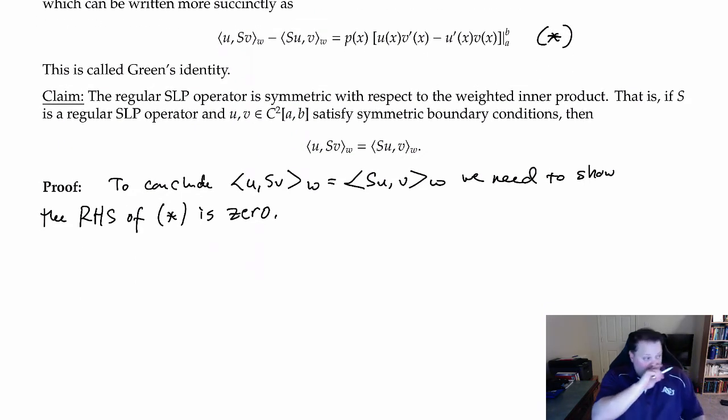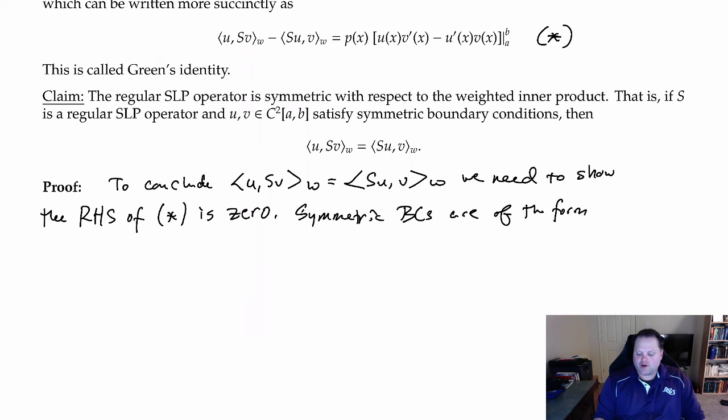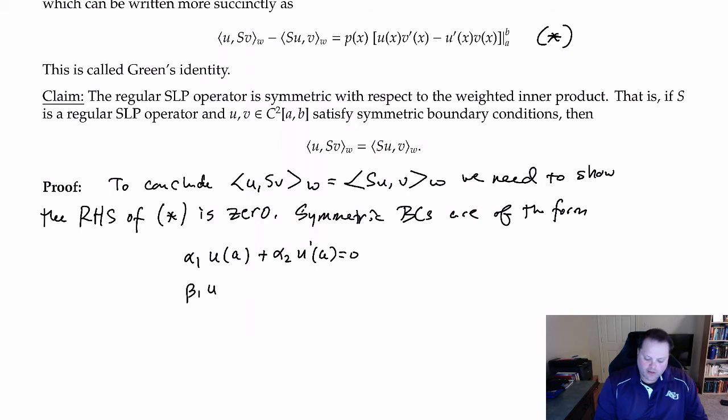Well, what we do at this point is we say, okay, if we have symmetric boundary conditions, then they are of the form, if you go back to the very first note in this video, alpha 1 u(a) plus alpha 2 u'(a) equals 0, beta 1 u(b) plus beta 2 u'(b) equals 0.